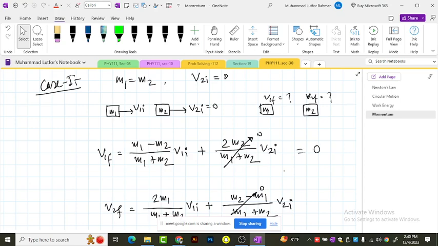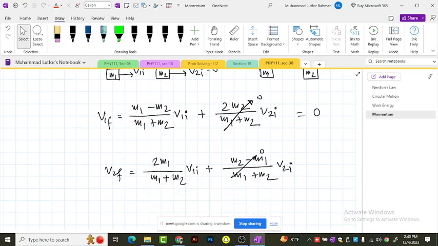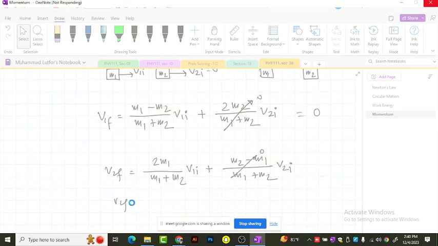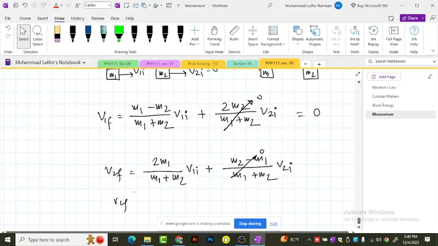That means V1F would be 0, and V2F would be, since M1 equals M2, 2M1 over 2M1 times V1I, which is simply V1I.